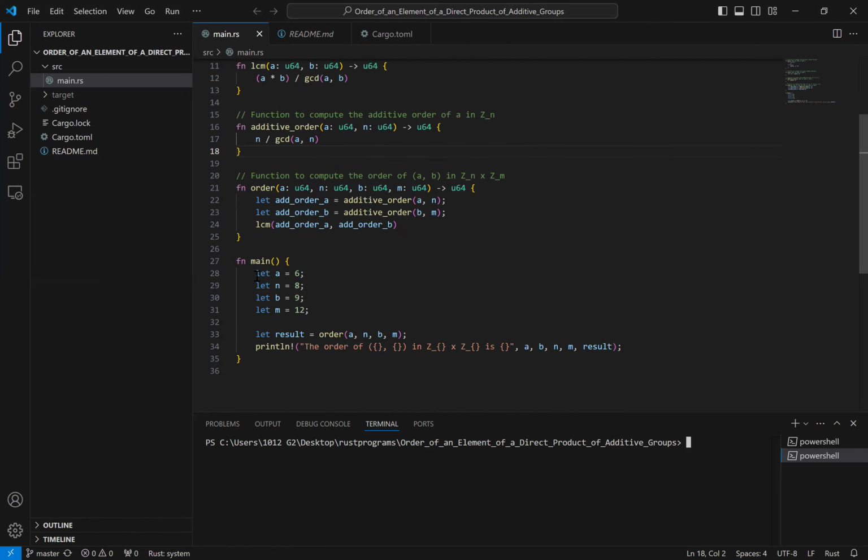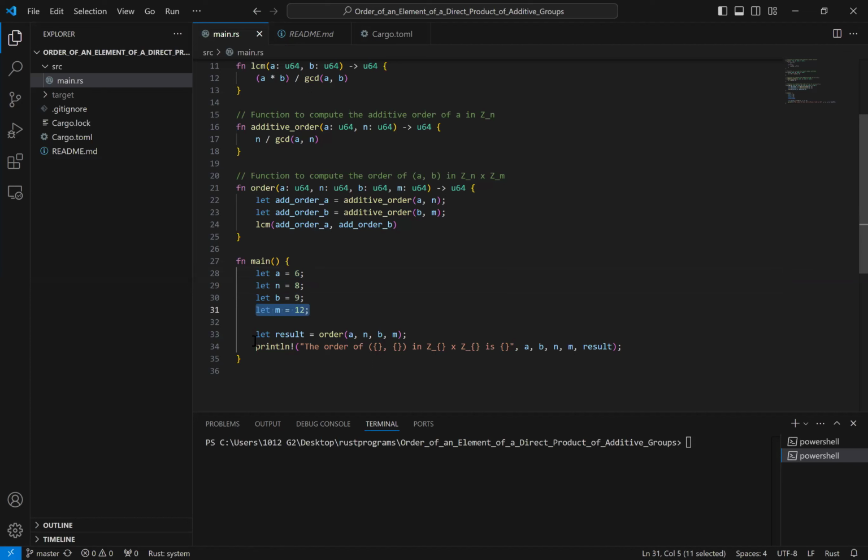This is where I have my F, the main function, my A and my B, my groups, mod N, where N is 8, and mod M, where M is 12. So the first element, 6, is coming from this first group, mod 8, and the second element, 9, is coming from this group, mod 12.